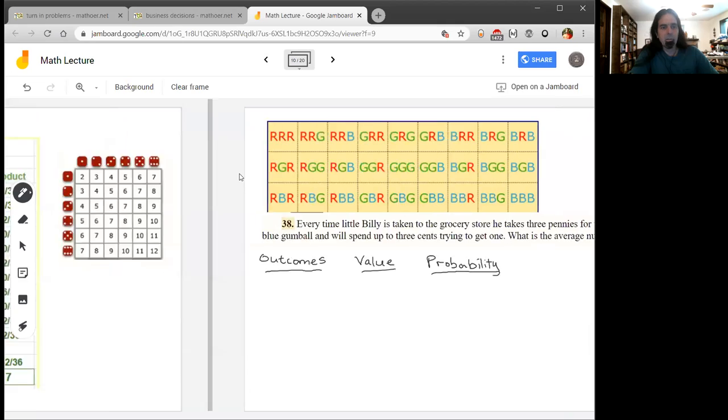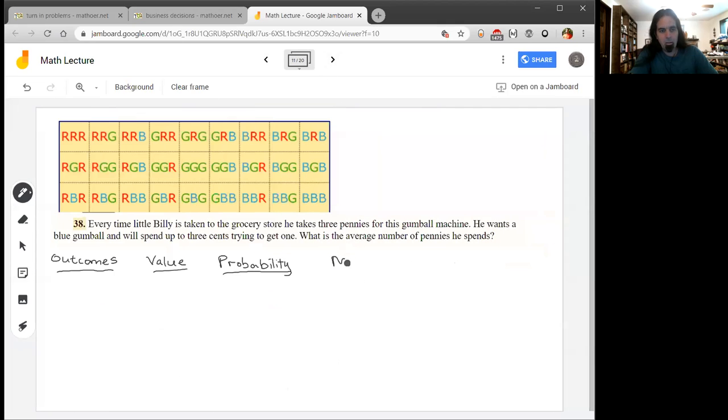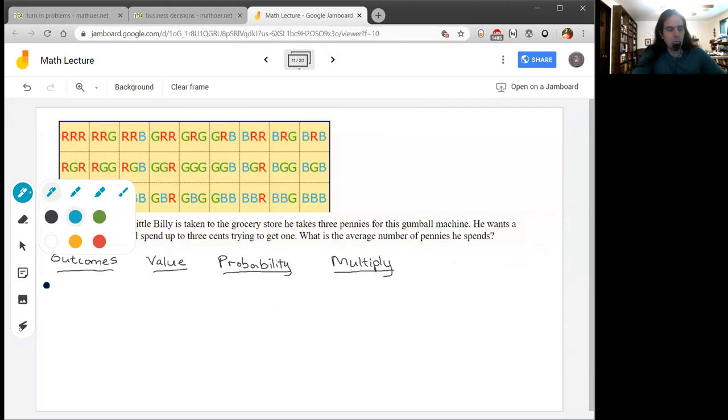And then we have multiplying to get the product. So in this case, he might get a blue on his first try.